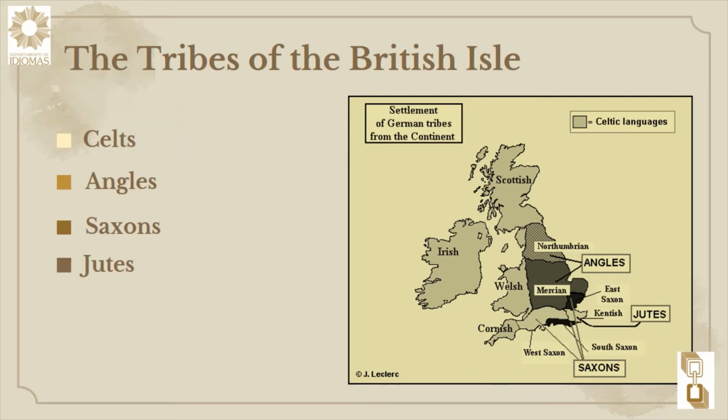They populated what is known today as Ireland, Scotland, Wales, and we can see that the Angles first settled in Northumbria and Mercia, and the Jutes founded, as I told you previously, the Kentish kingdom, and the Saxons mainly settled in Cornwall and what is known as West Saxon.